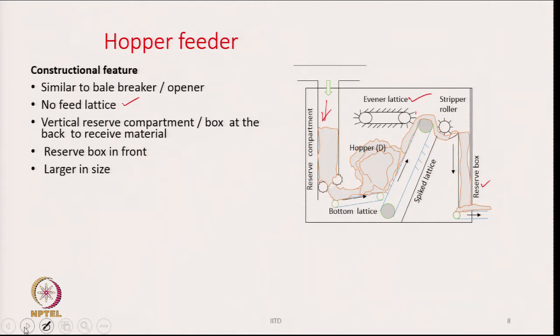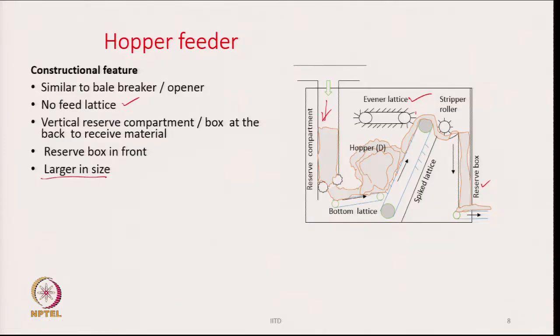In the entire blow room line, there are quite a few machines which are connected to each other. So, we need also a machine where we can store the material for some time, and we will be able to feed it whenever there is a demand of material from the subsequent machines.